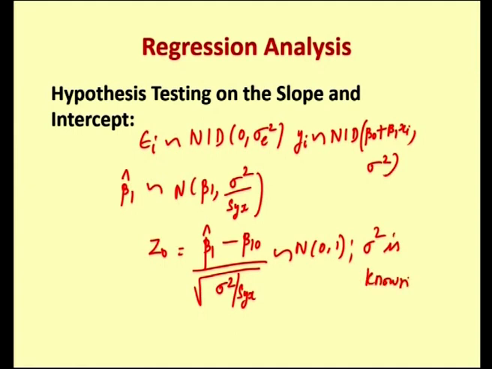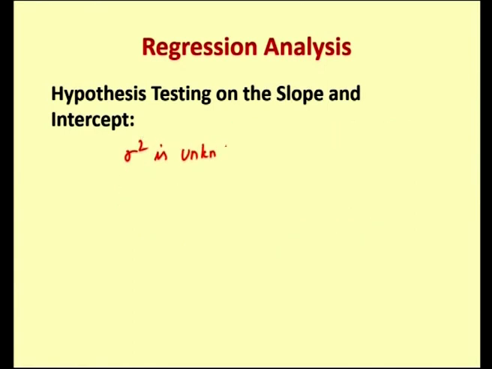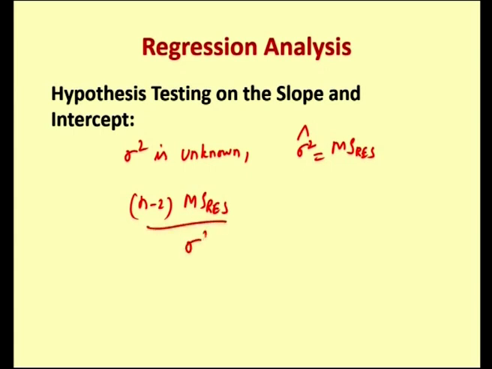If sigma squared is unknown, we can replace it by its unbiased estimator given by sigma squared cap, which is equal to the mean sum of squares due to residual. n minus 2 into mean sum of squares due to residual by sigma squared follows chi squared with n minus 2 degrees of freedom, and here beta 1 cap and the mean sum of squares due to residuals are independent.